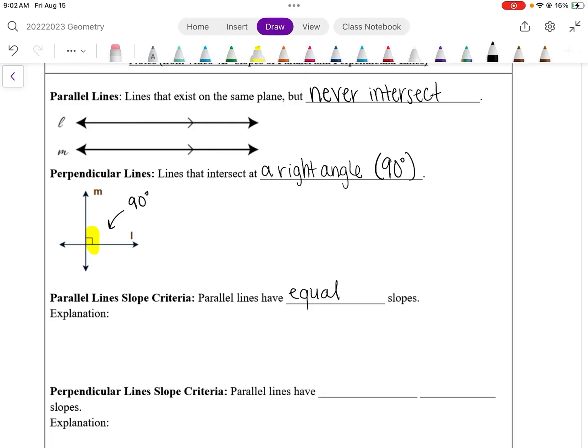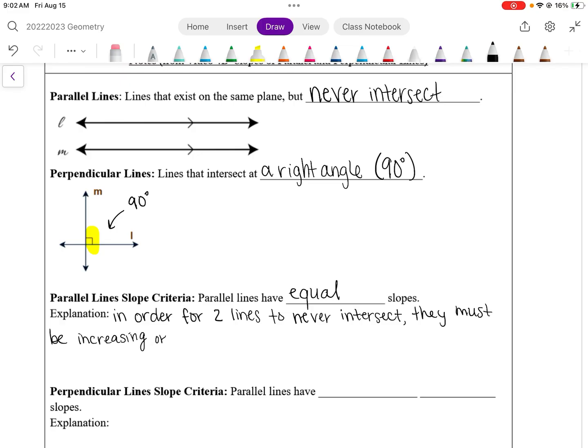But let's write an explanation for this. So to kind of put this into words, what I just said, let's say in order for two lines to never intersect, they must be increasing or decreasing at the same rate.